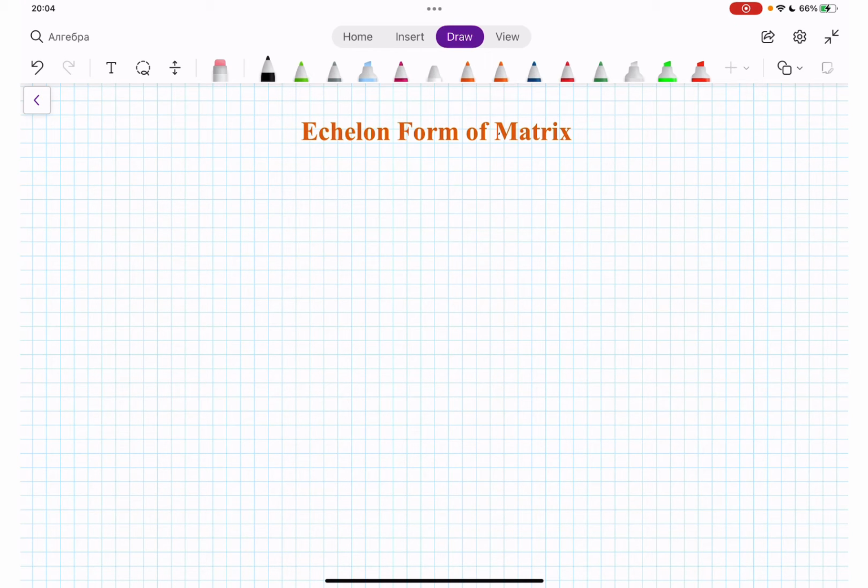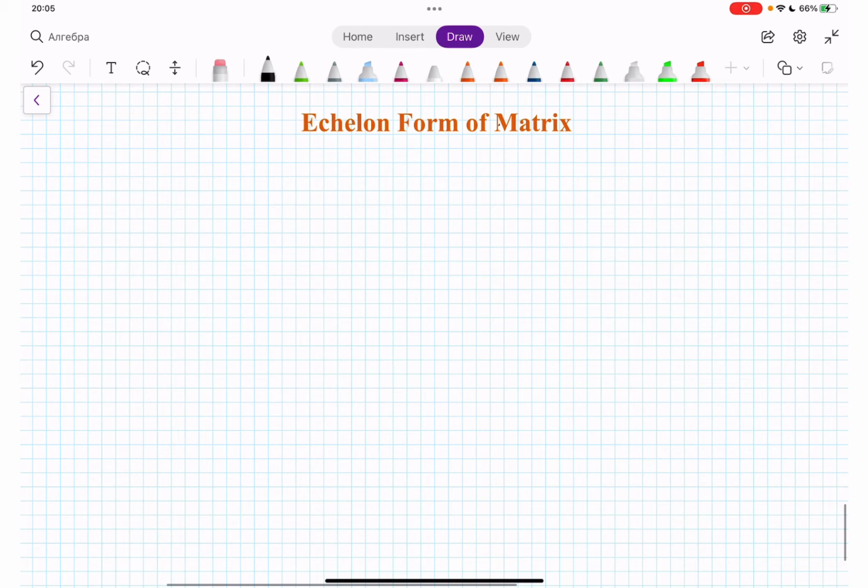So this type of matrix kind of reflects the stepped shape of matrix. Let's assume we have a 4 by 4 matrix. I'm going to shade one. This is one.